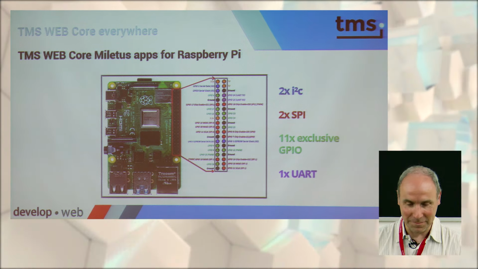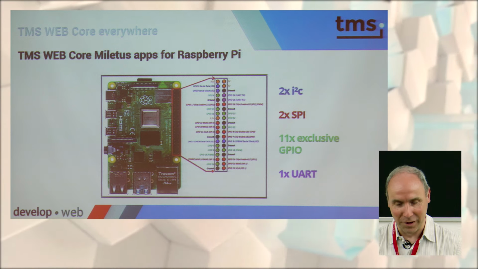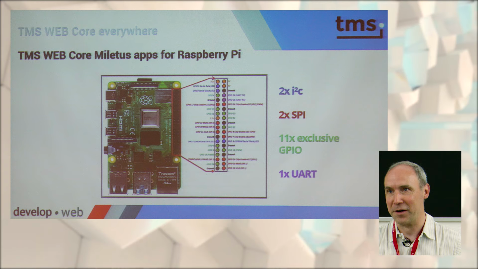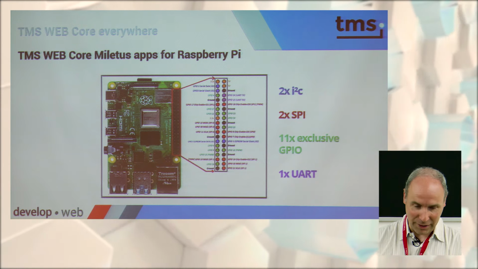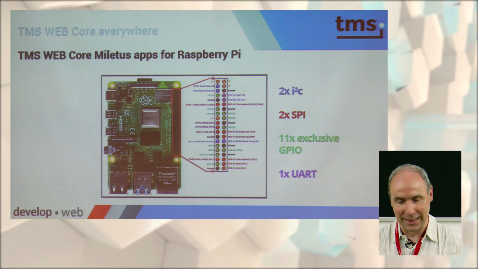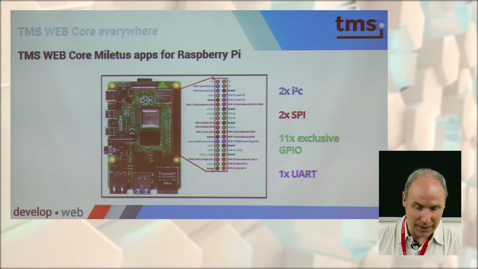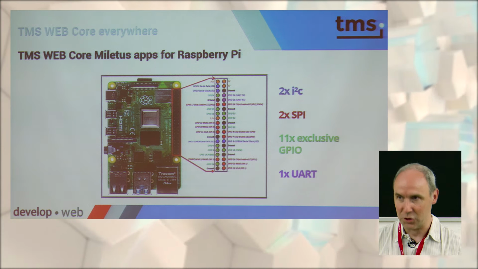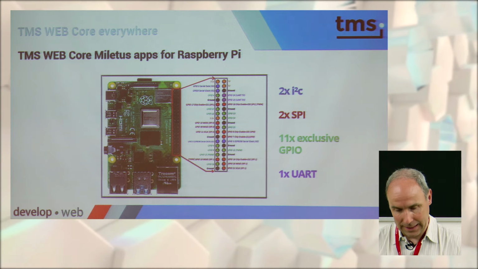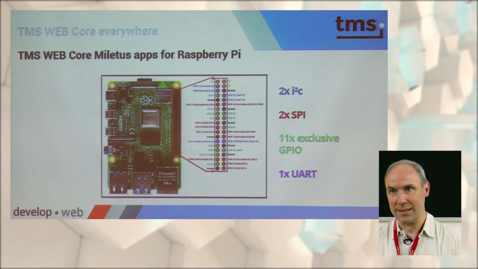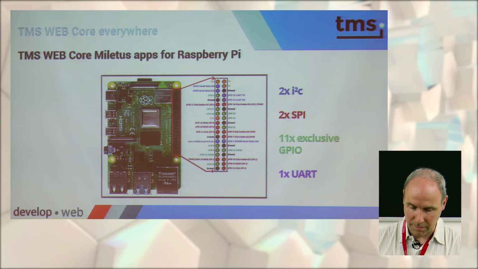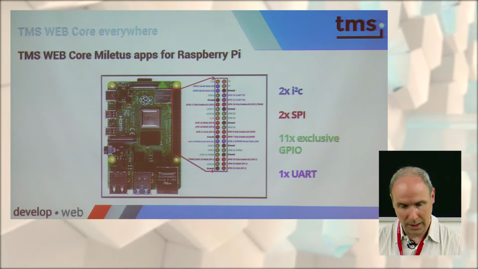So if you are into playing a little bit with hardware, I think this is a very nice platform because of the access you have to other electronics things, I2C, SPI, the GPIO pins, and also the UART. And so we have made in Miletus these electronics access all possible from your application.